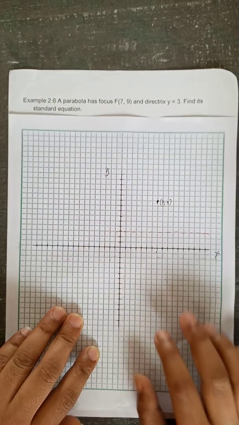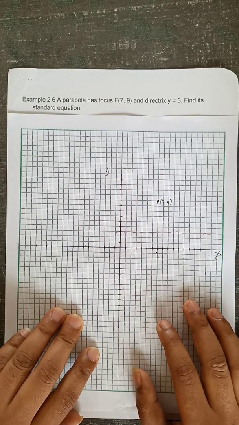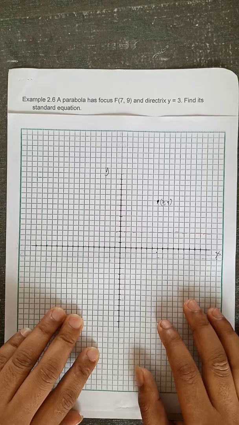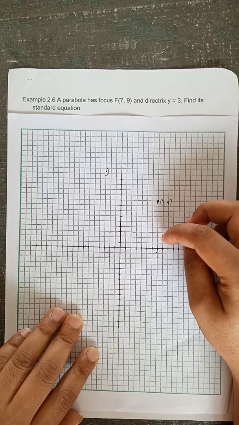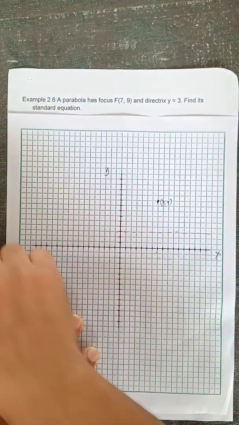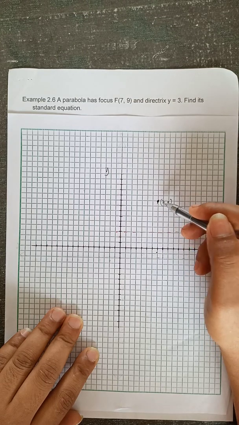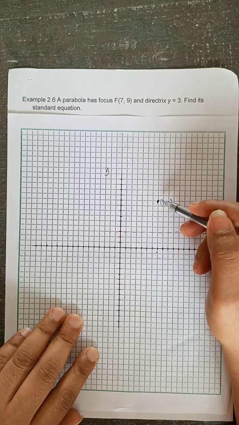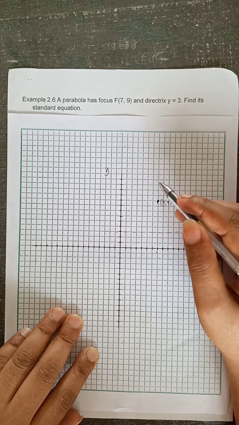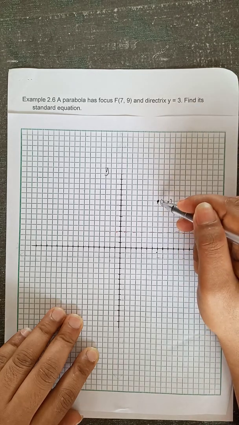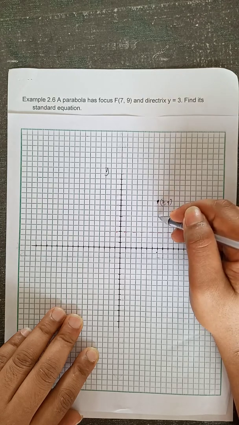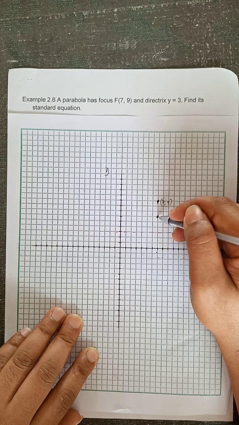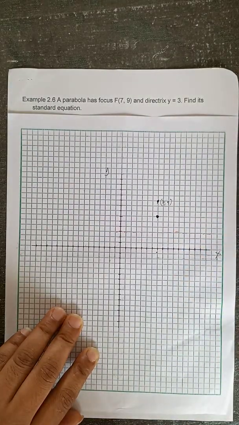So we all know that the vertex is the midpoint of the focus and the directrix. So we can now locate in the graph the vertex of our given parabola. It is located in the middle of the focus and the directrix, somewhere here. So what is the vertex?